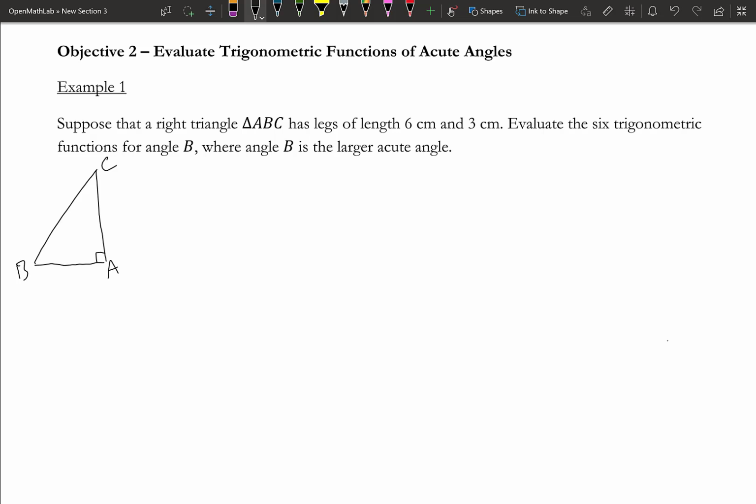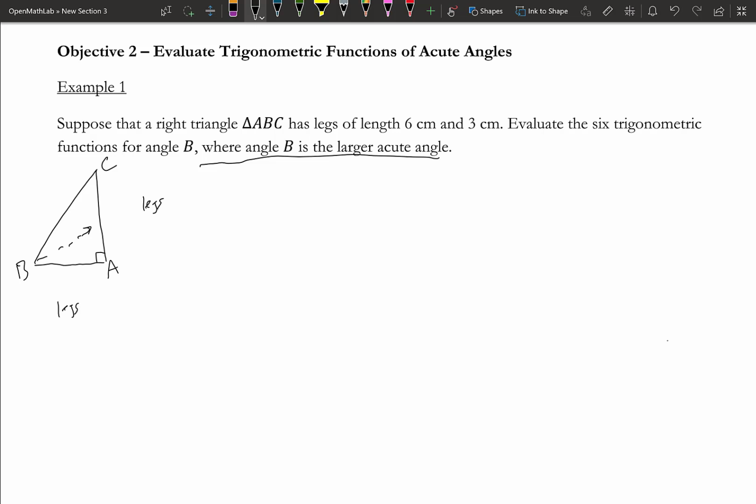The way this is worded, it doesn't matter where I put A or C, but I'll put A as the 90-degree angle. We're told B is the larger acute angle, so if B is bigger than C, the side across from B should be larger than the side across from C. These are the two legs.